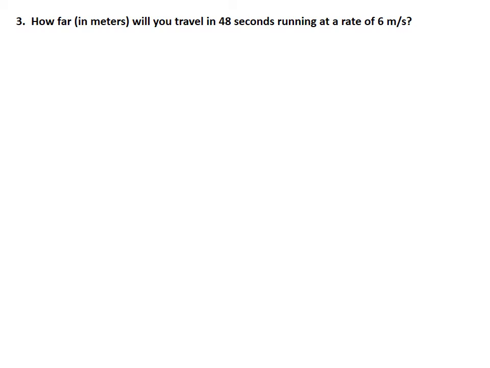In problem number 3, it says how far in meters will you travel in 48 seconds running at a rate of 6 meters per second. Now the rate here is speed. That's what they're talking about, and you could probably recognize that by the units that the problem has. So in number 3, we're going to be solving for distance. How far means distance. So distance is equal to speed times time.